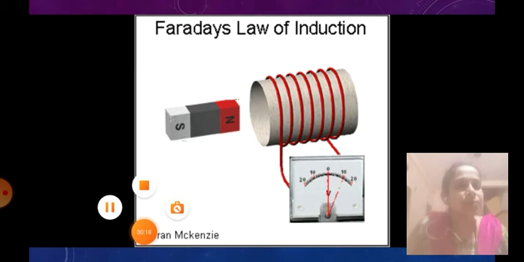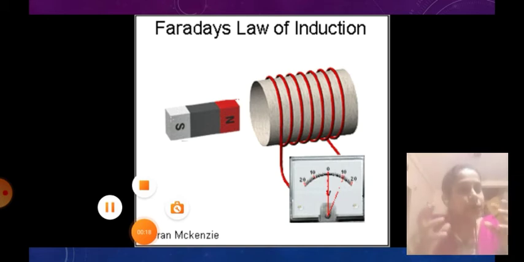That means whenever there is a change in the magnetic field, when the magnet is brought swiftly near the coil of wire, you find that the galvanometer starts deflecting from left to right or right to left, depending upon the direction of the magnetic field. Fine. So this shows that a change in the magnetic field can also generate current.